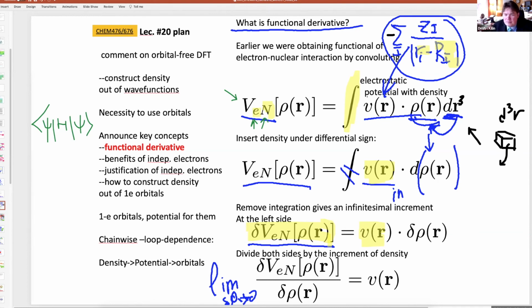The V, which is the external potential that Kia was asking about, is the interaction between ions and electrons.